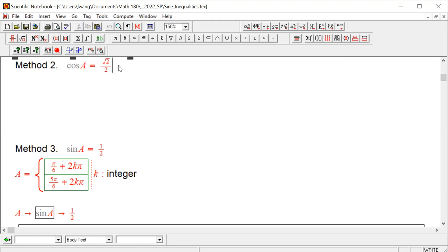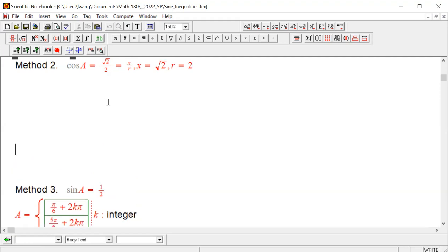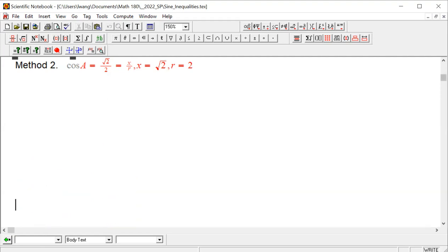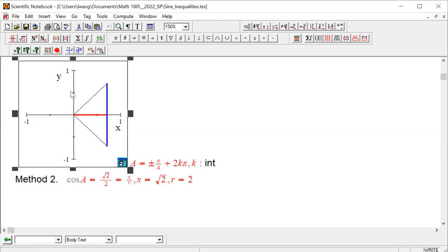So I'm going to treat this as x over r, right? So x is root 2, r is 2. Can I do that? Of course you can. It's just that this picture is going to change.